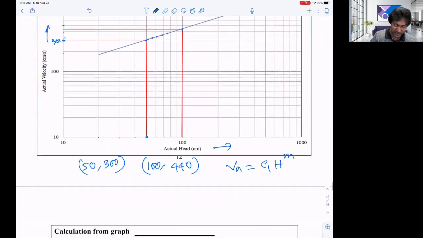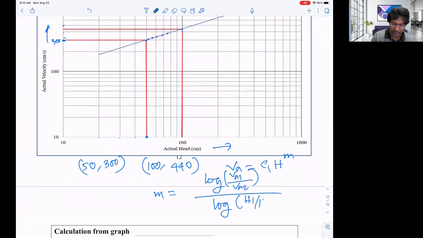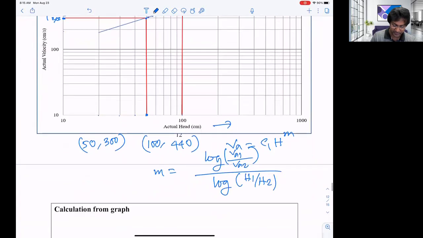So this way, we can calculate the slope M again using the same formula, like log VA1 and VA2 divided by log H1 and H2. We can apply that, and then we'll have log of 300 divided by 440 divided by log 50 divided by 100.